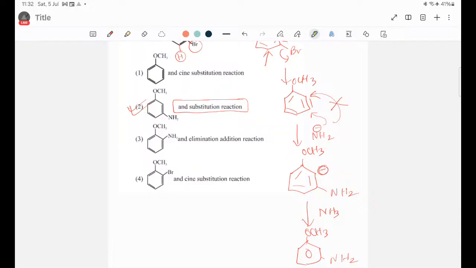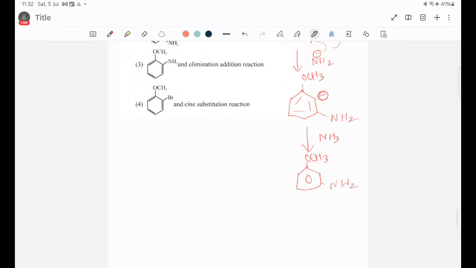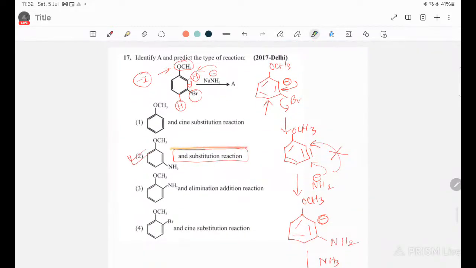Again this negative charge will be stable due to the minus I effect of OCH3 group. So that's why we will get this product, and this is one kind of substitution reaction, because the bromine is substituted by the NH2 group. So it is named as substitution reaction.